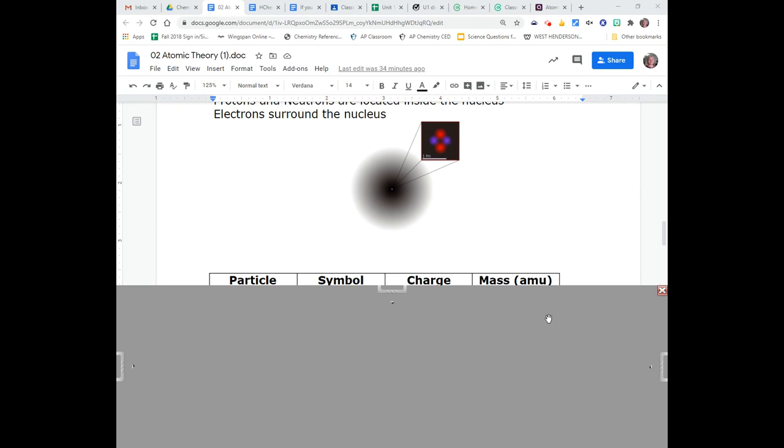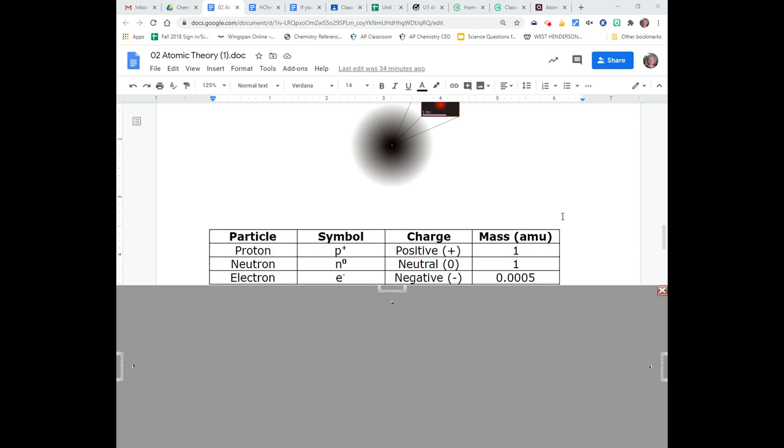Okay, so if we look at our subatomic particles, we're going to look at their symbol, their charge, and their mass. So a proton is positive. So we give it a lowercase p with a superscript positive, and it has a mass of 1 AMU. An AMU is an atomic mass unit.